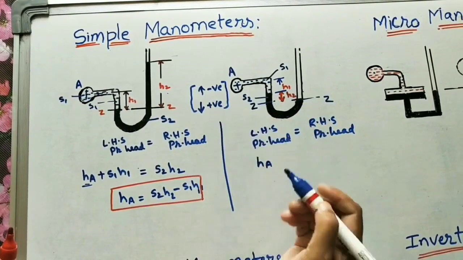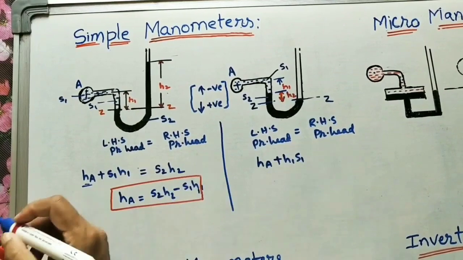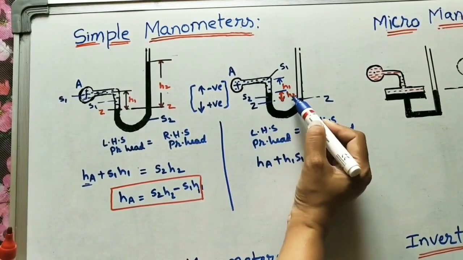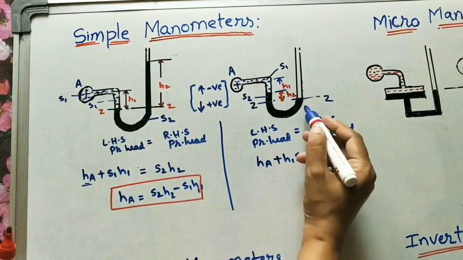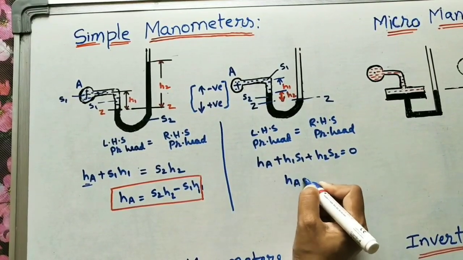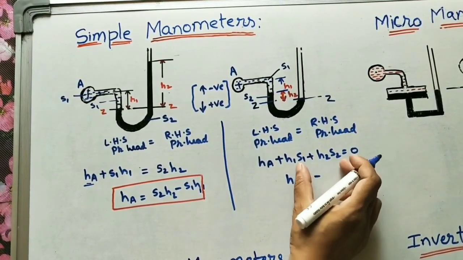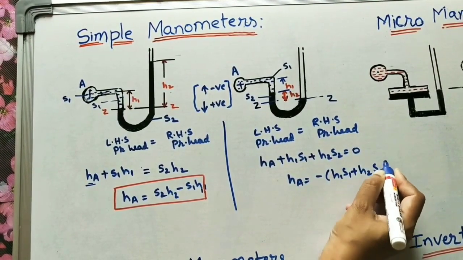Below means we take positive, plus H1 S1, and H2 is also below this one, plus S2 H2, equal to zero, as there is no height of mercury on the right hand side. Now we have to find HA. We will get minus of the entire term, H1 S1 plus S2 H2.